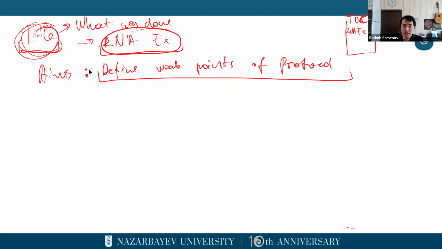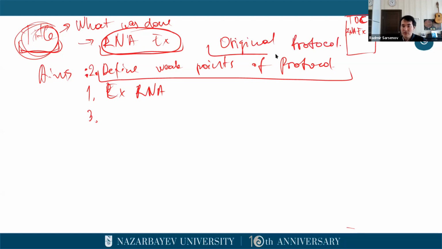So you could actually number the aims. The first aim is to extract RNA, then define weak points, and let's say you are trying some chemical that was not used in the original protocol. So you know where to find the original protocol, and now you are using a chemical replacement.